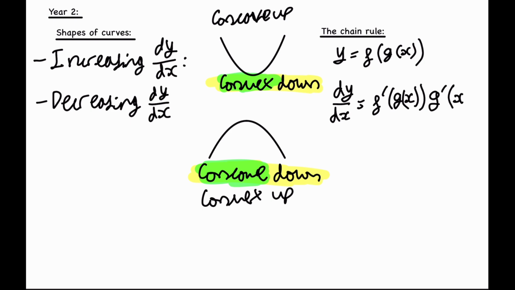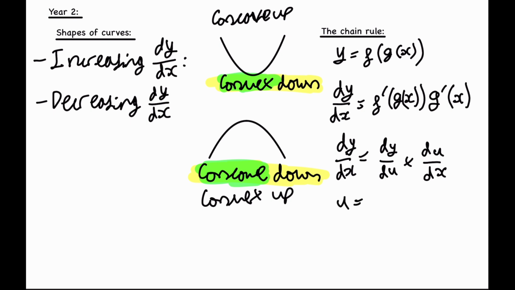And this can be written as dy over dx is equal to dy over du times du over dx, where in this case your u would be g of x.